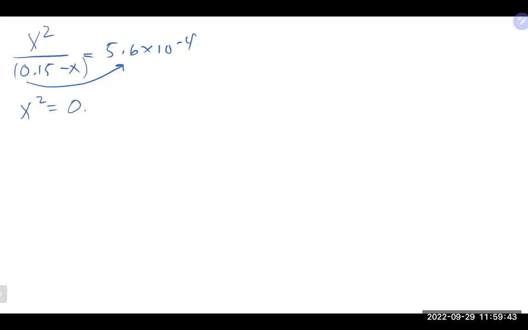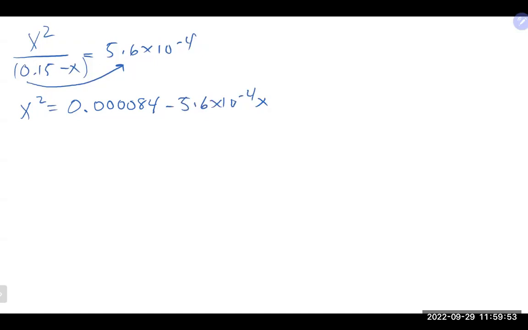So I'm going to come back to my x squared over 0.15 minus x is equal to 5.6 times 10 to the minus 4. Again, here we're going to basically take this to the other side, right? And when we do that, x squared is equal to 0.000084 minus 5.6 times 10 to the minus 4 x.